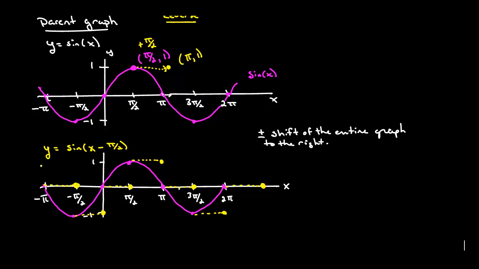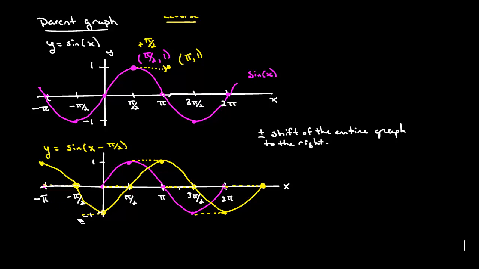And so, if we connect the dots, what we've got here is a shift of movement to the right by pi over 2.